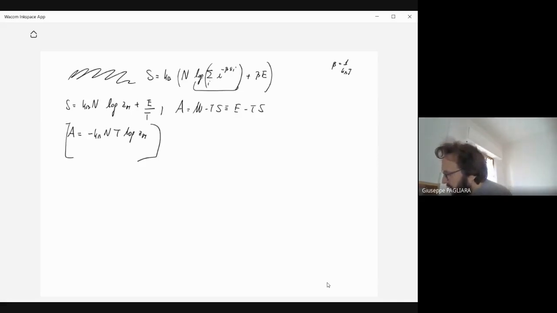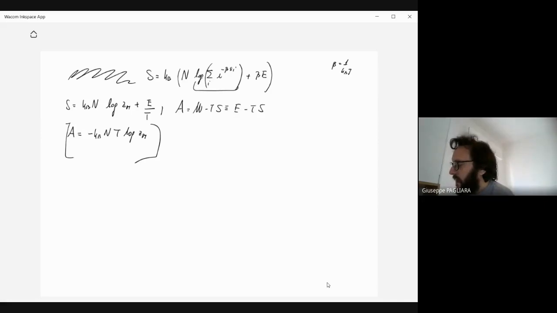So you start to see that once we know the canonical partition function for this system, we can derive, for instance, the average energy per particle by just doing a derivative with respect to beta.